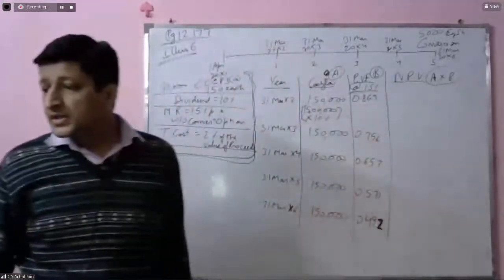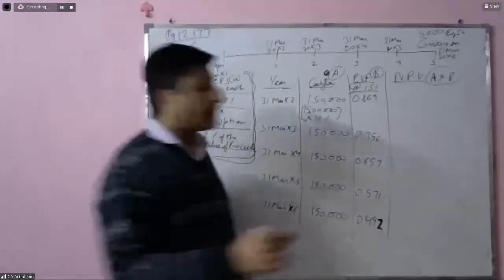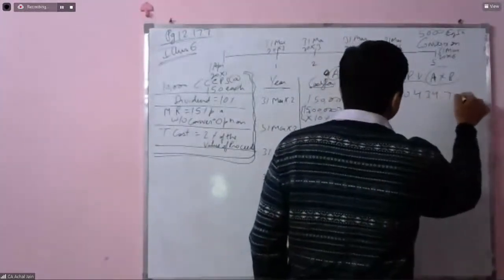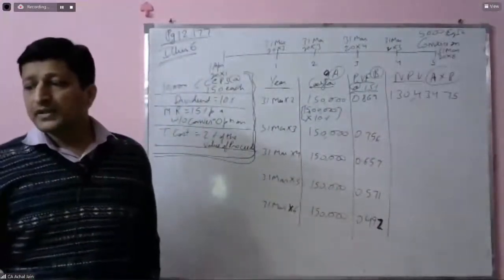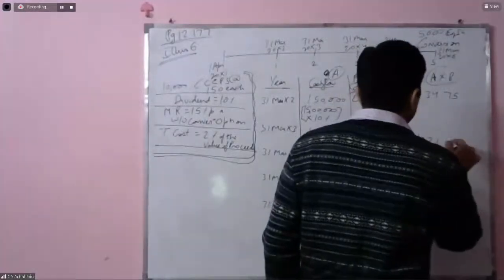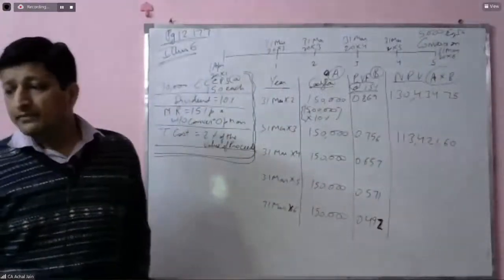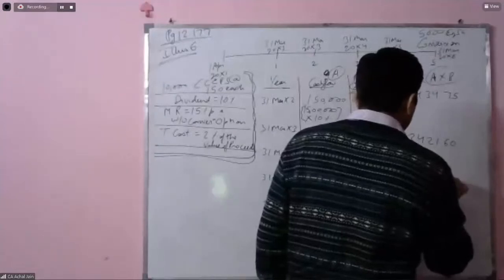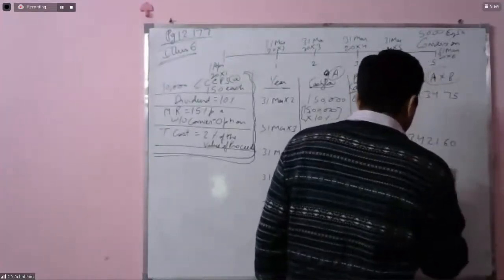So in the first year, we get 1,30,434.75. Then we have 113,421.60. You can all compute this on your own. Then we have 98,627.40.